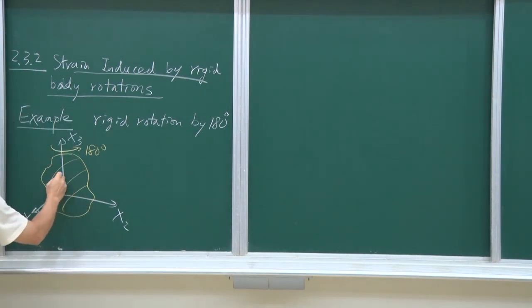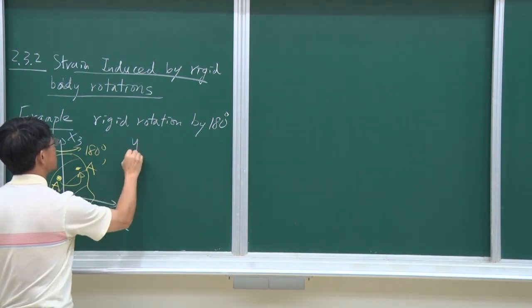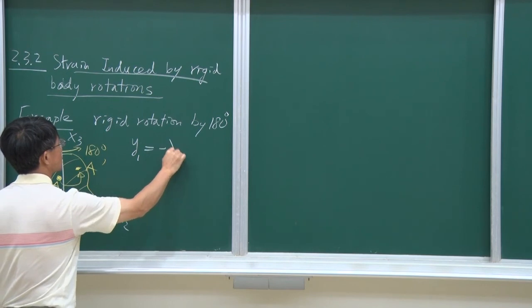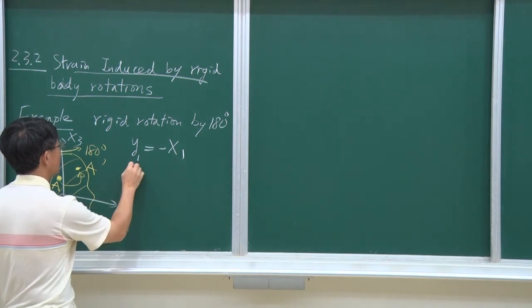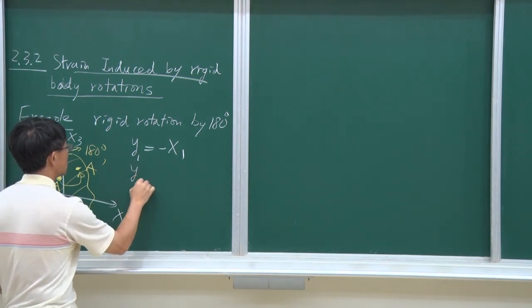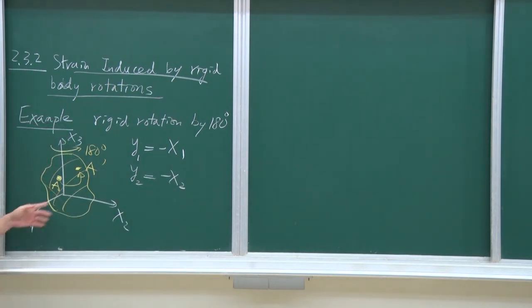A material point here, point A, will go to the back of the body, become A prime, like this. As a result, we have a deformation: y1 equals minus x1, y2 equals minus x2.